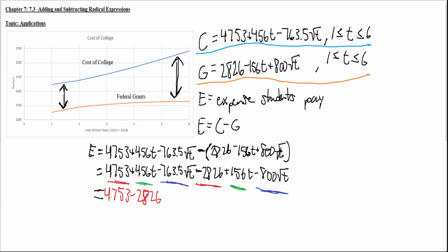And then that's being added with 456 T plus 156 T plus the negative 763.5 T minus 800 square root T. I suppose I should put the parentheses here as well, just for consistency.